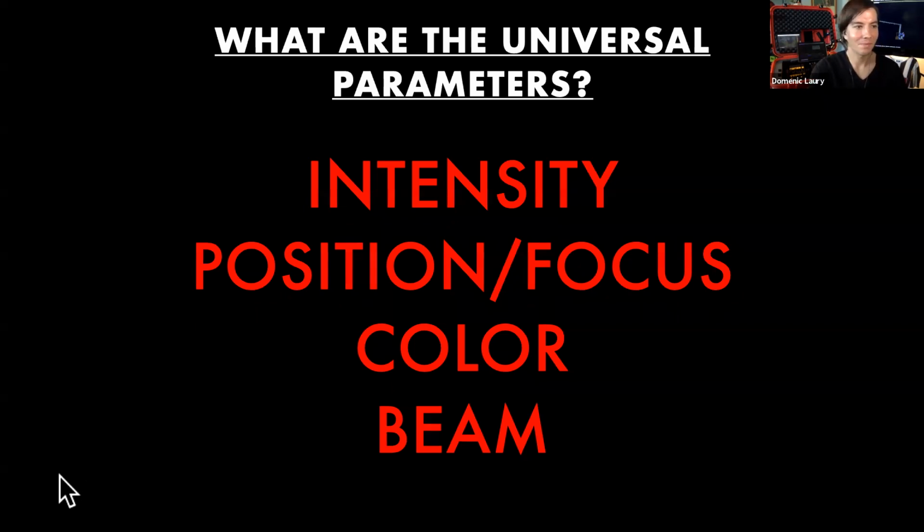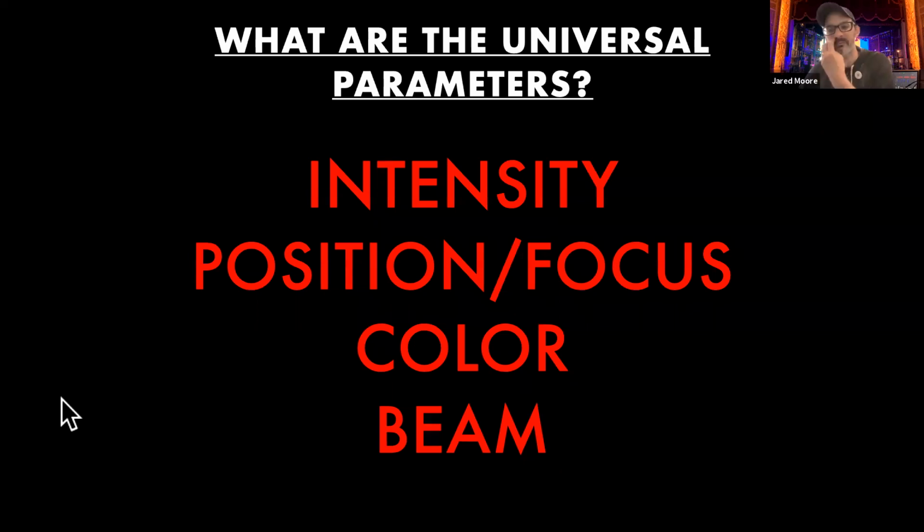Cool. Okay. So now, as we just talked about, I want to throw in a bonus point. When we're talking about these universal parameters, here's your homework: look up parameter masking. All the consoles use this concept, and it's something we do.